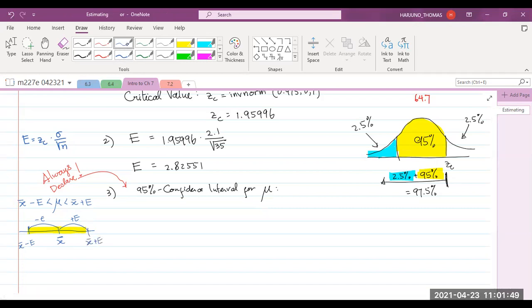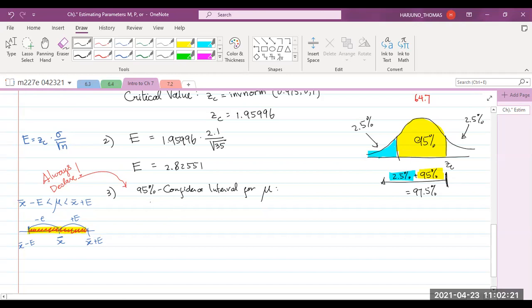Now the mu, 95% of the time, if we follow this procedure, the mu will be in this interval. That's what we mean by 95% confidence interval. The confidence is on the procedure. The actual mean will be in this interval with 95% confidence level.